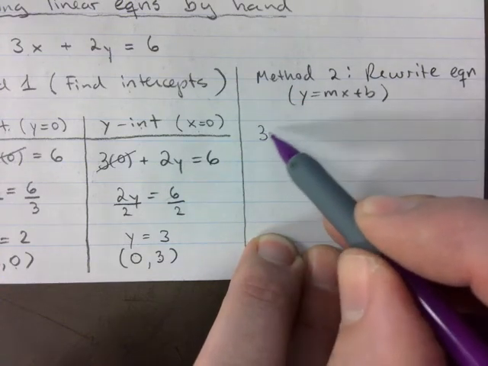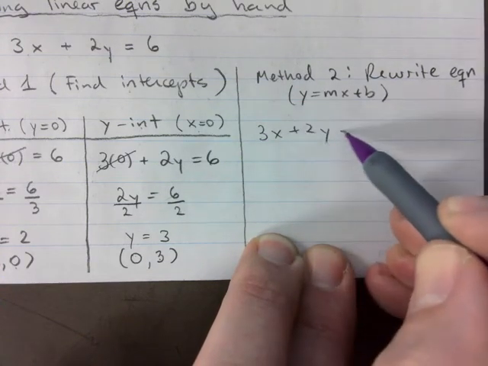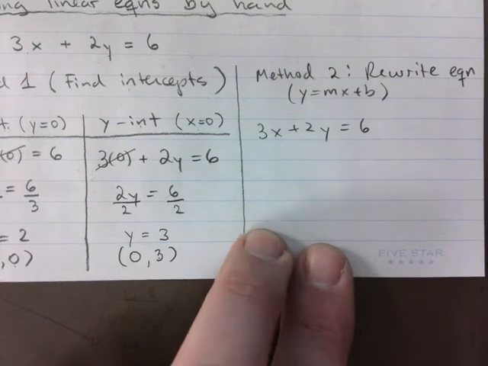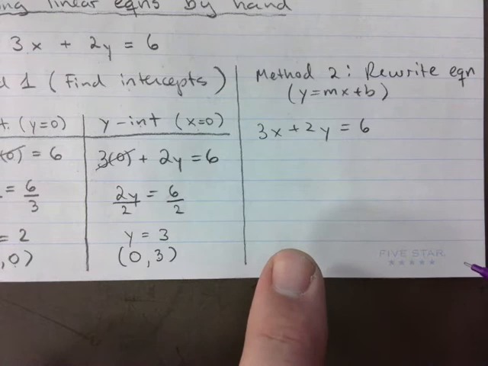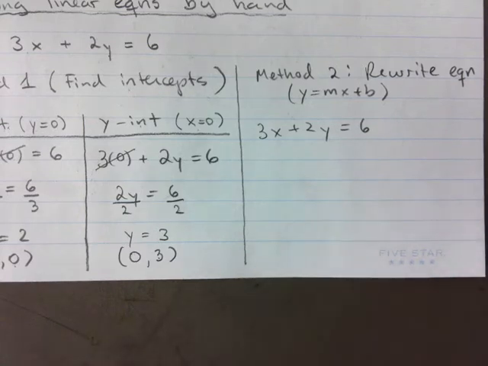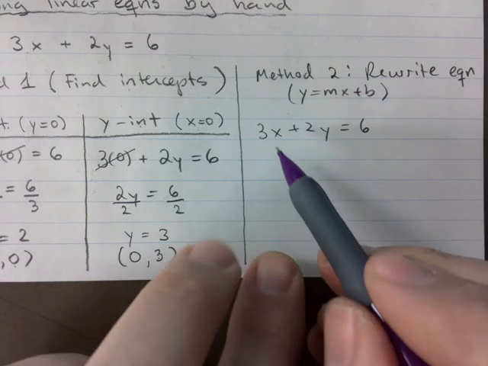So I'm going to start with 3x plus 2y is equal to 6. And let the journey begin. Your teacher may have used a method where you add or subtract the same thing to both sides to move stuff. I just say when something crosses the equal sign, it changes its sign. That's what I do. So watch how this goes.